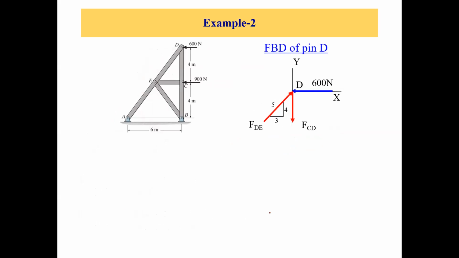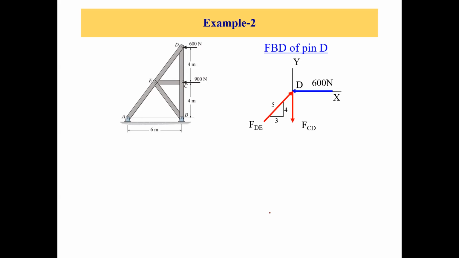Now let's talk about the free body diagram of point D. Why point D? Because we have only two unknown forces at joint D, so let's take joint D so that we can solve it.